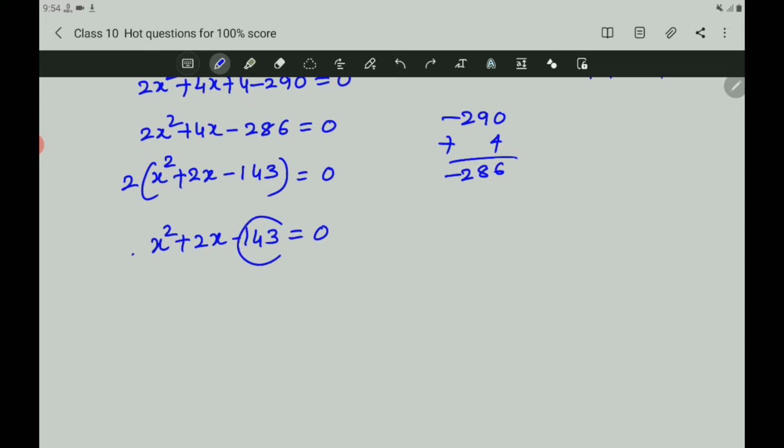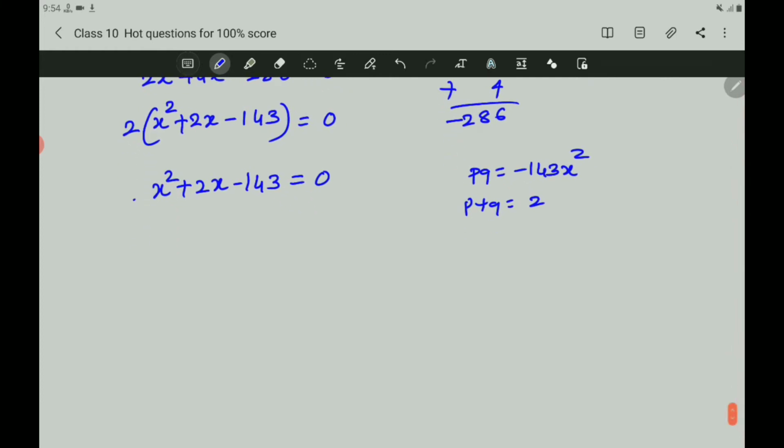You know that the product becomes minus 143 into x square, that is PQ equals minus 143 x square, and the sum P plus Q is 2.